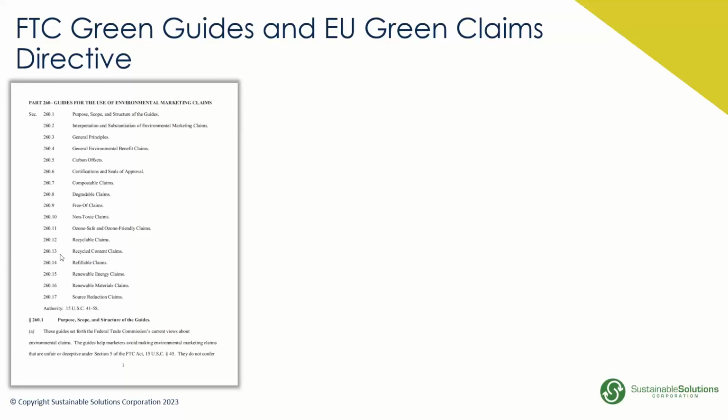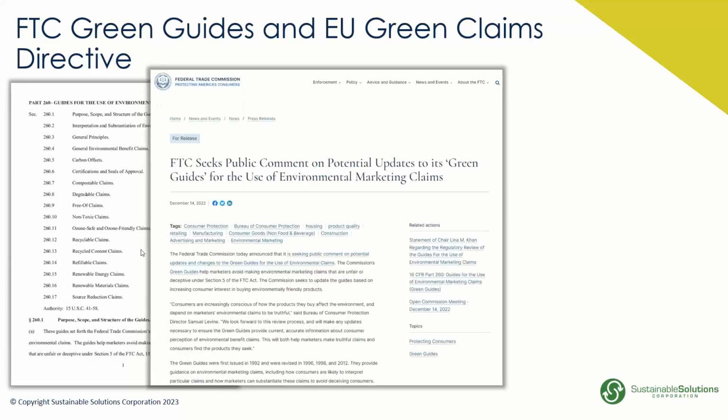You can see here, these are all the different areas or single attributes that they focus on. And the one that I want to point out is the interpretation and substantiation of environmental marketing claims. There are very specific guidelines from the Federal Trade Commission on how you do that. I know that our companies just submitted comments to the FTC.